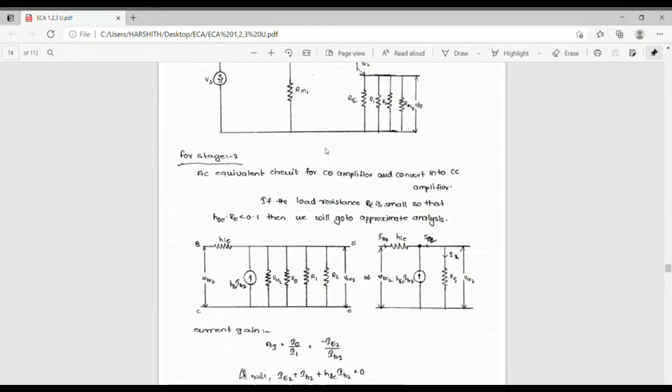In this AC equivalent circuit, the CE amplifier is converted into a CC amplifier, and CC means emitter follower.